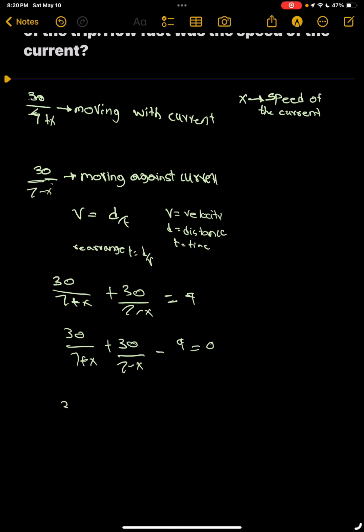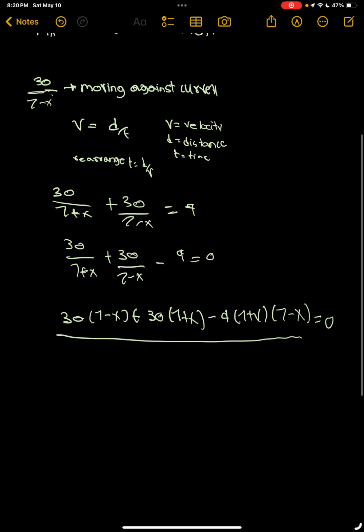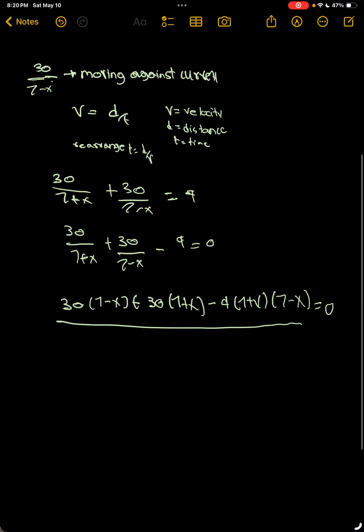So we have to make this a common denominator and numerator. Doesn't matter whatever value it is. Minus 9 times 7 plus x times 7 minus x, equal to 0, all over 7 plus x, 7 minus x.